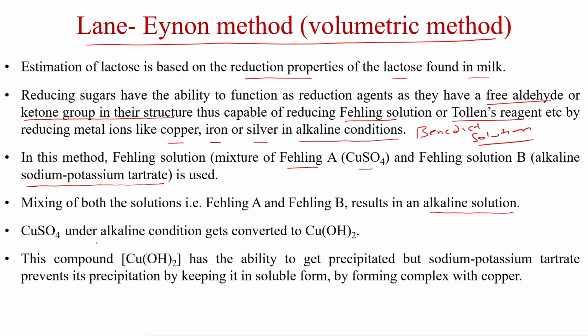This is the principle, and we will cover it in the reactions part also. Copper sulfate under alkaline conditions gets converted to cupric hydroxide, and this cupric hydroxide has the ability to precipitate. But sodium potassium tartrate prevents its precipitation by keeping it in soluble form, forming a complex with copper.